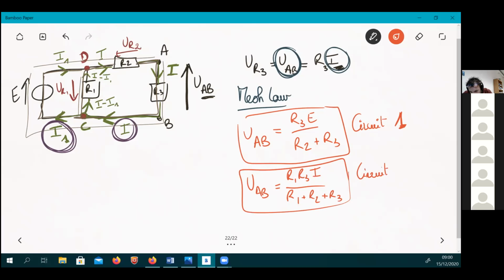And the last circuit, UAB is R3E minus R3 I over R1 plus R3.